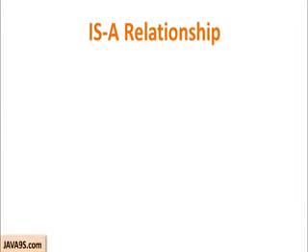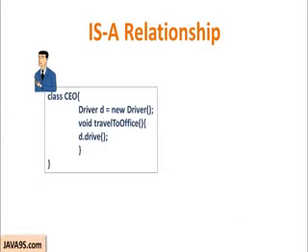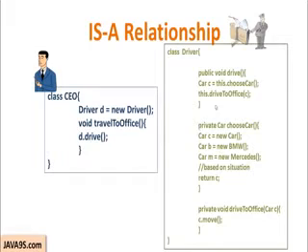Let us go ahead and see how the total functionality works. To implement it, the CEO calls the driver's drive method, and in the Driver class, the first step in drive is to choose the car.